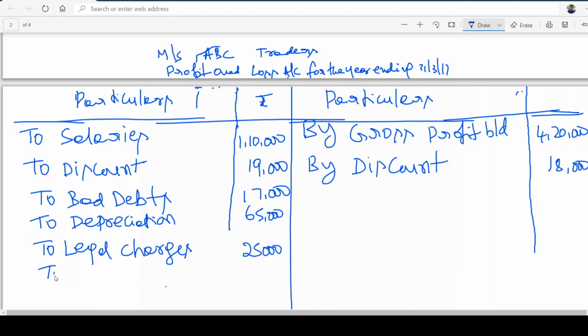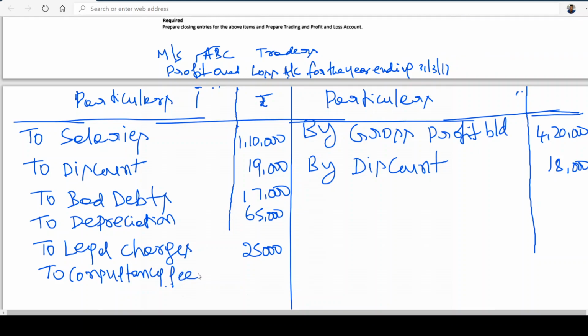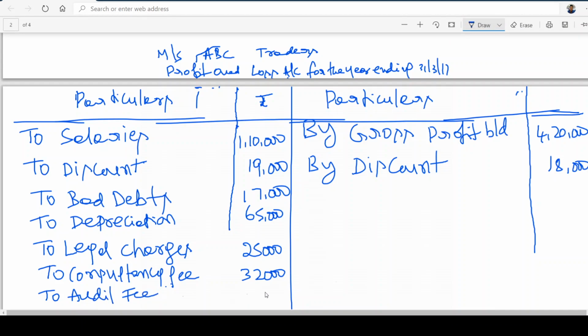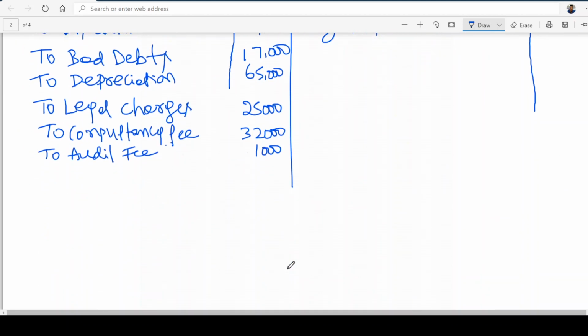To consultancy fee 32,000. Then to audit fee 1,000.